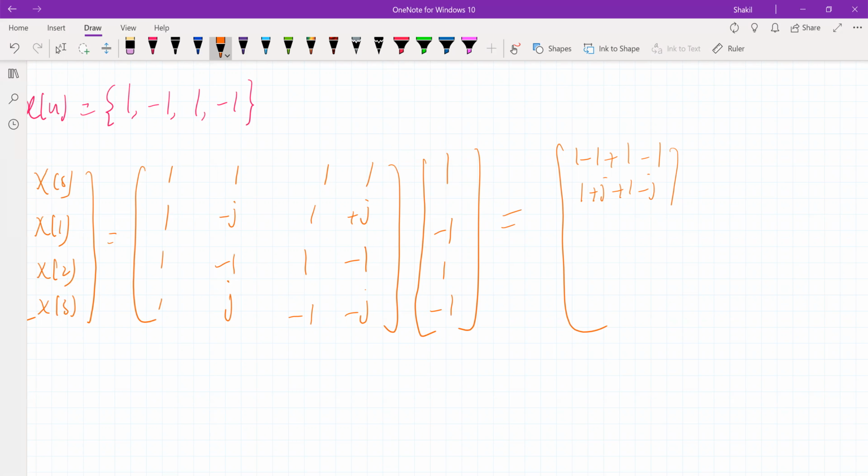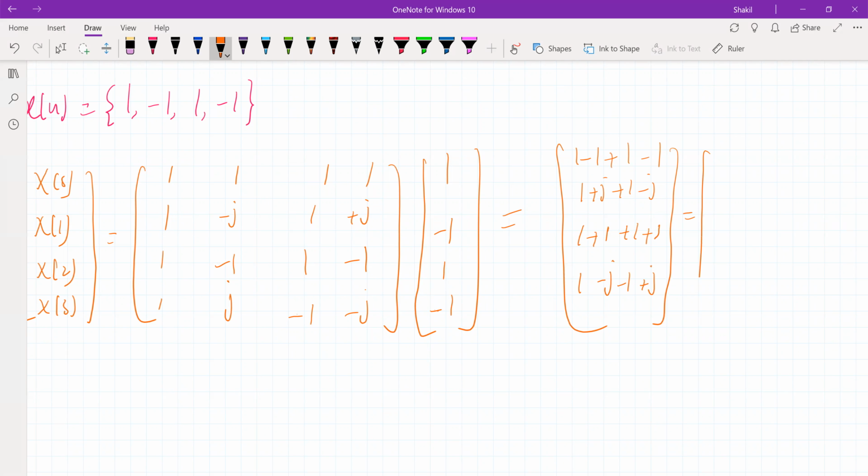Please check the product yourself. 1 plus 1 plus 1 and minus 1 plus 1. This will be plus 1 plus 1, right? Then 1 minus j minus 1 and plus j. I hope I'm right.